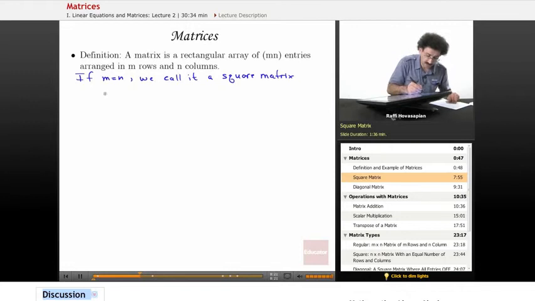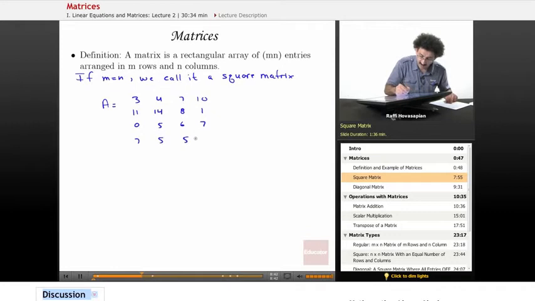So something like A equals, let's say, 3, 4, 7, 10, 11, 14, 8, 1, 0, 5, 6, 7, 7, 6, 5, 0. So this is 4 this way, 4 this way. This is a 4 by 4 matrix. It is a square matrix.